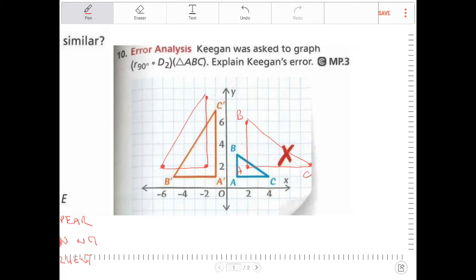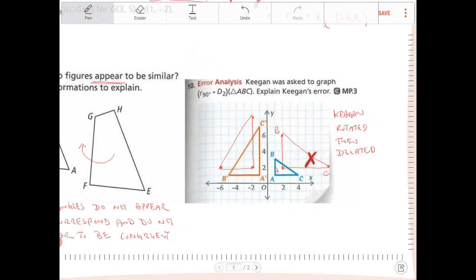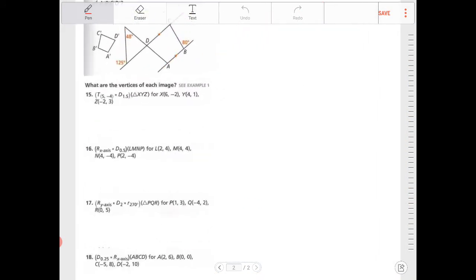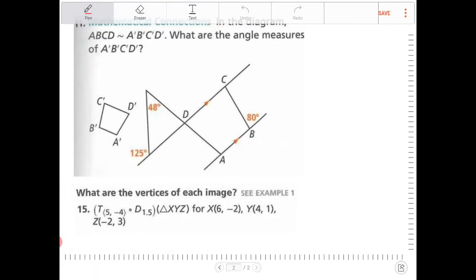So it looks like what happened is Keegan rotated and then dilated. So Keegan went in the opposite order. All right, moving on.